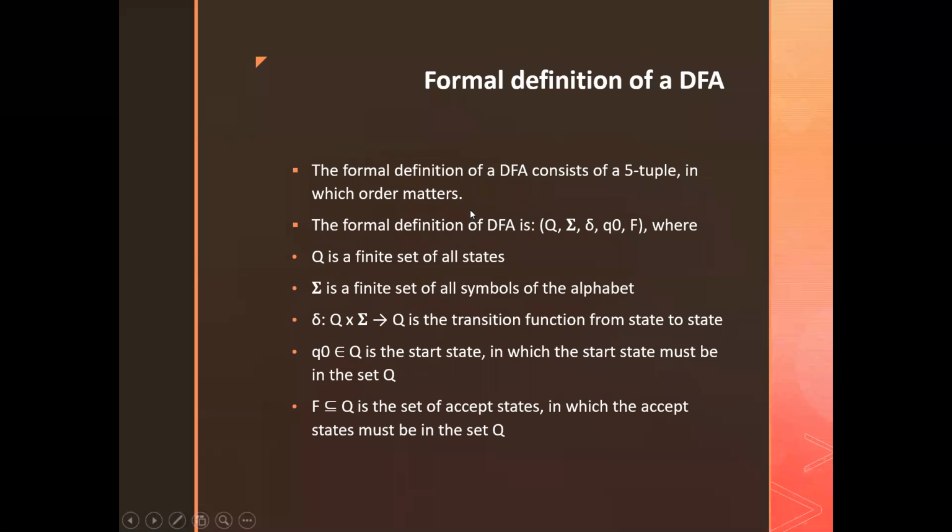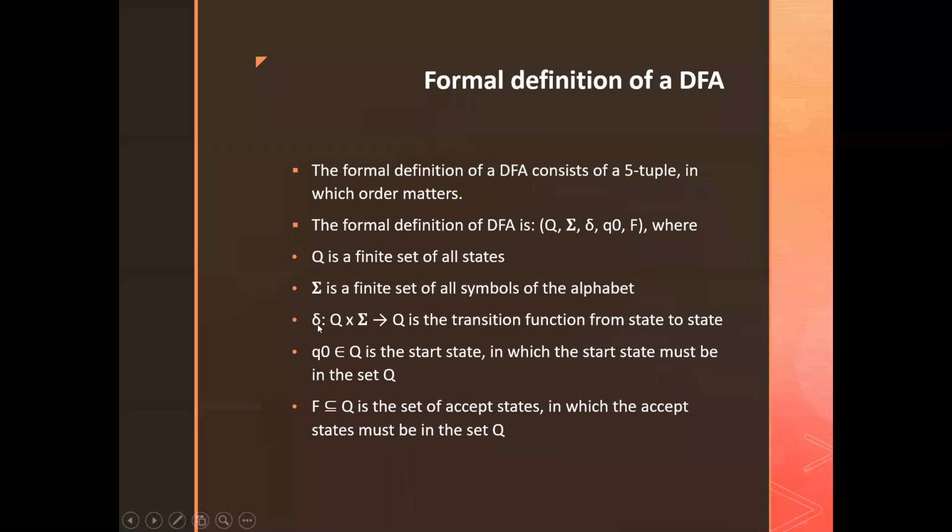This is the formal definition of DFA. As in finite automata, here also we have a five-tuple: Q, sigma, delta, Q0 and F. The meaning of all these five symbols is the same as in finite automata. Q is the finite set of all states. Sigma is your input alphabet.